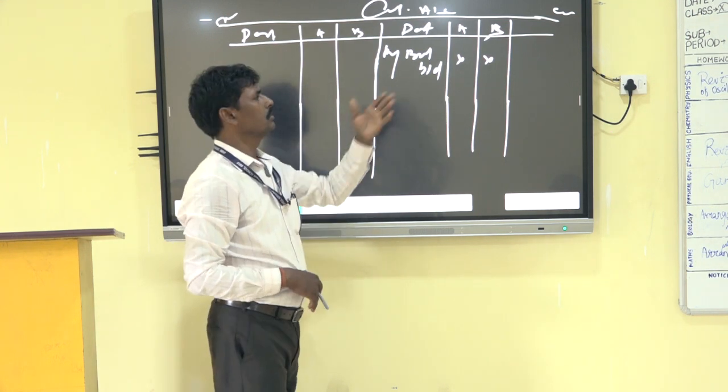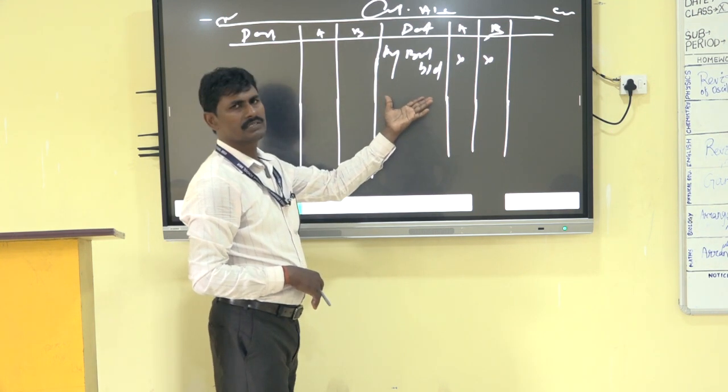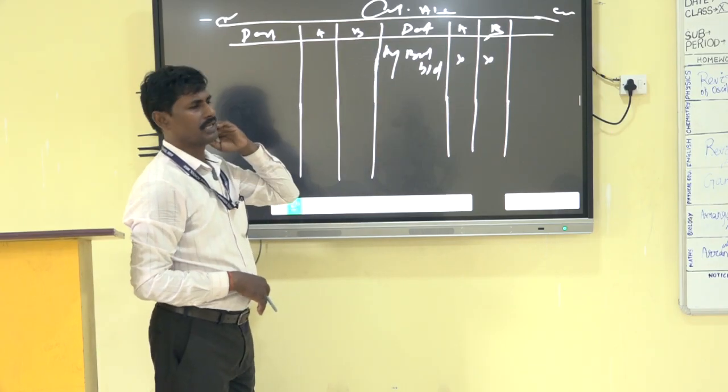What are the things that will be transferred to the credit side and debit side of the capital account?